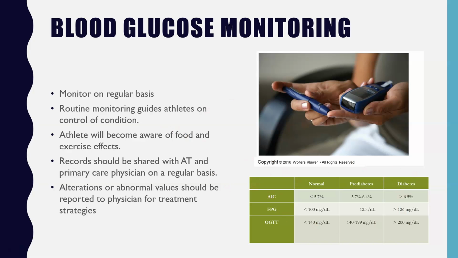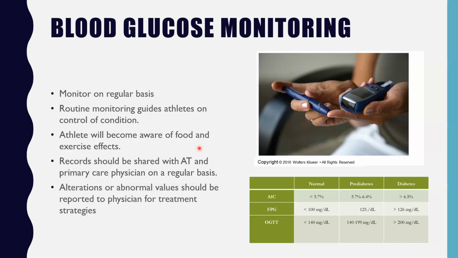But those that have diabetes then have to routinely monitor their blood glucose level, because even though it's a general medical concern, uncontrolled diabetes, either resulting in high blood glucose or low blood glucose, can lead to medical emergencies that we would need to deal with.